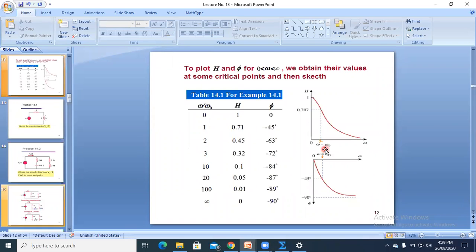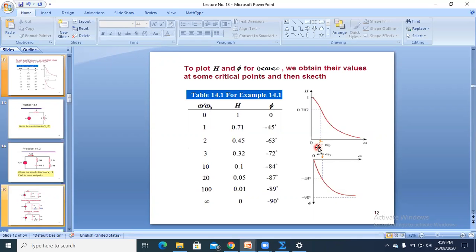If you recall, this omega is the frequency which we have assigned, or the frequency of the network. And this omega relates to the frequency of the source.